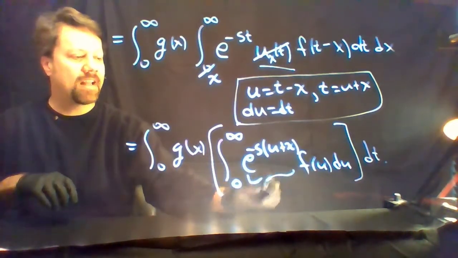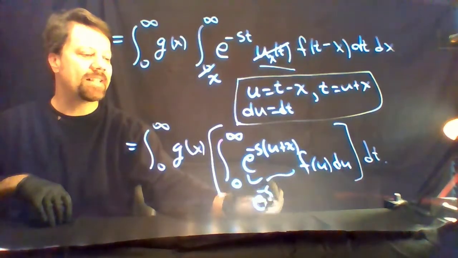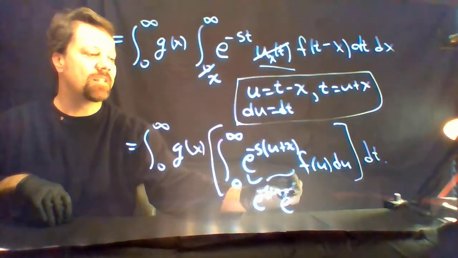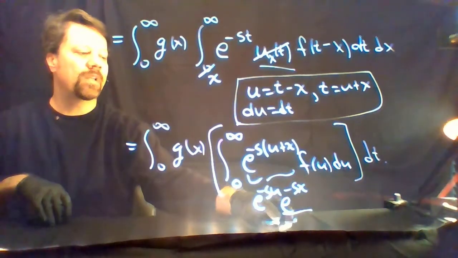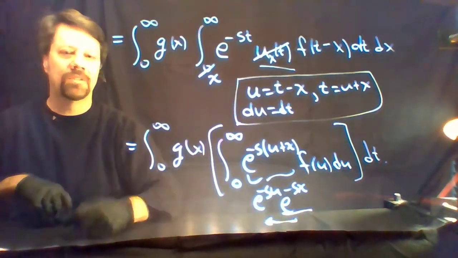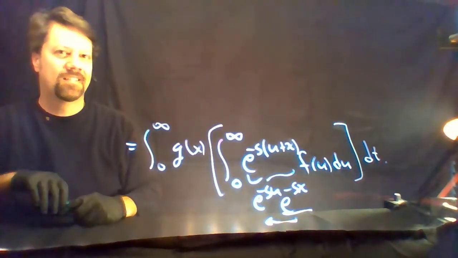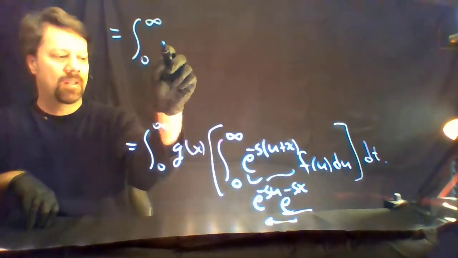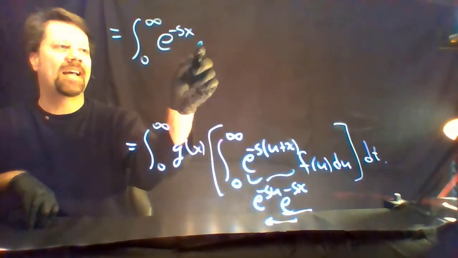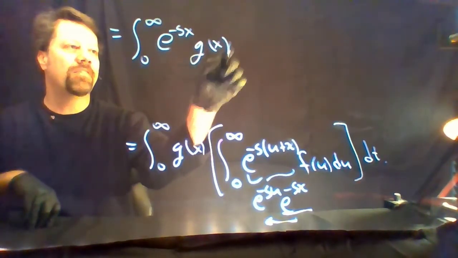This factor can be broken up into e to the minus su, e to the minus sx. This part does not involve u, so it can be brought out of the integral to join g. We have then the integral from 0 to infinity e to the minus sx g of x.